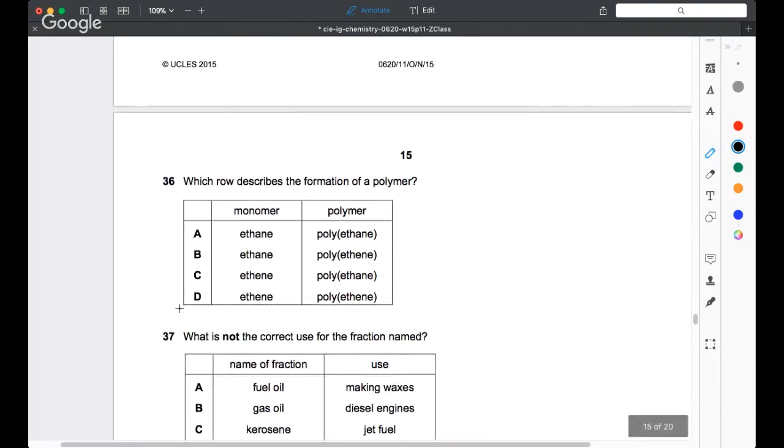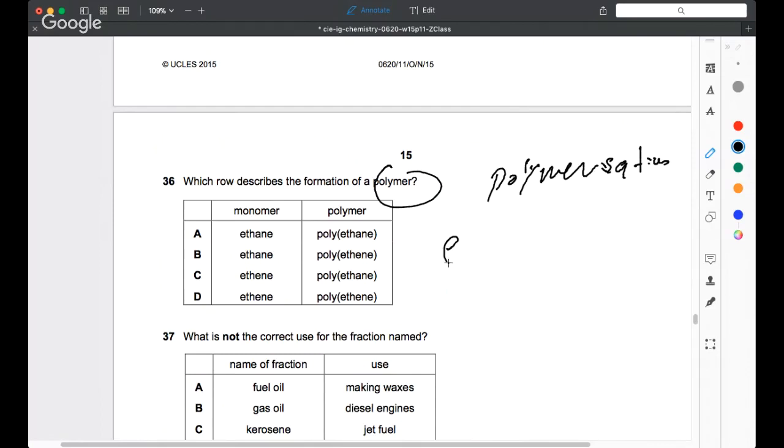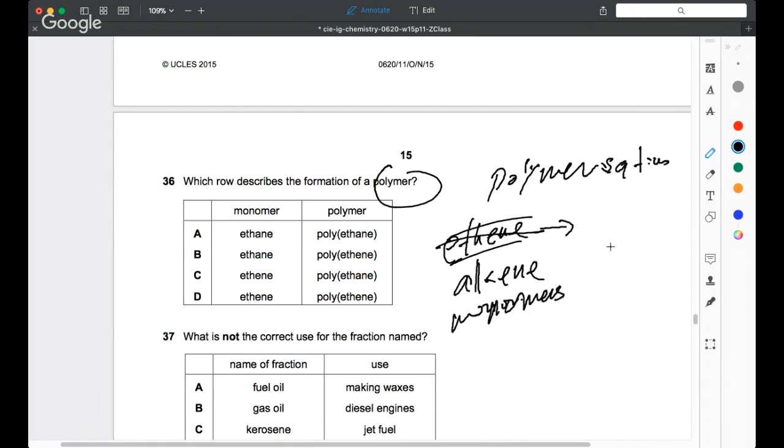So number 36, in polymerization, we have ethene monomers. Generally we have alkene monomers. They undergo polymerization to give you polyalkane.